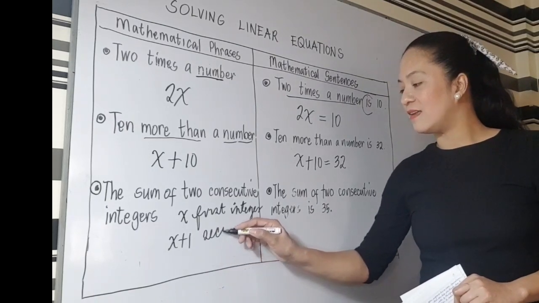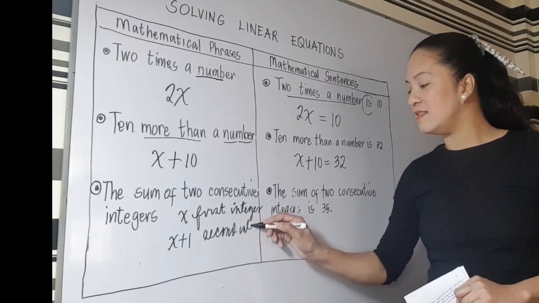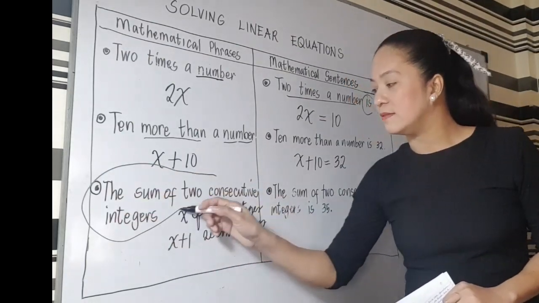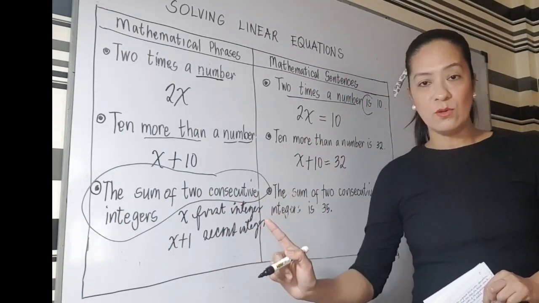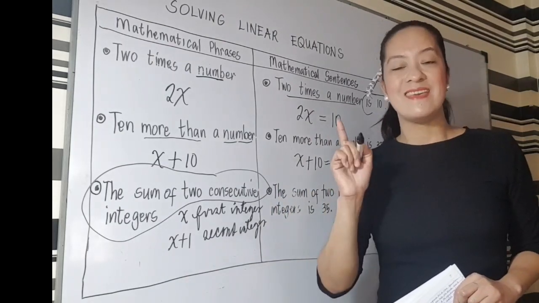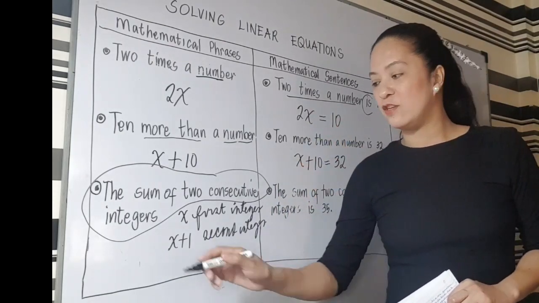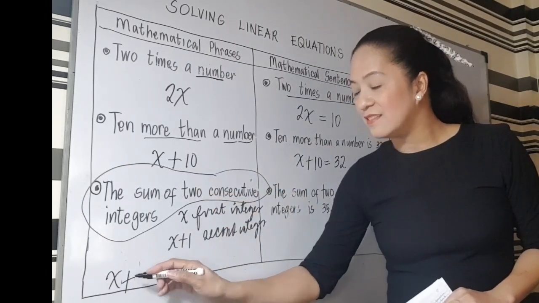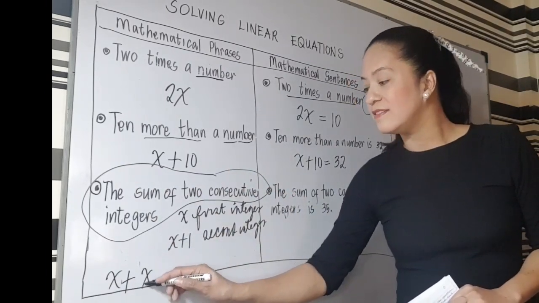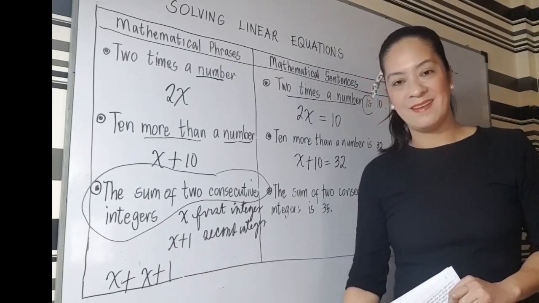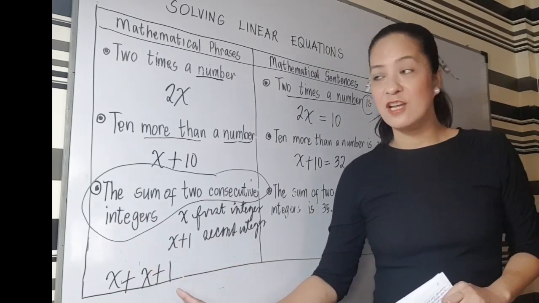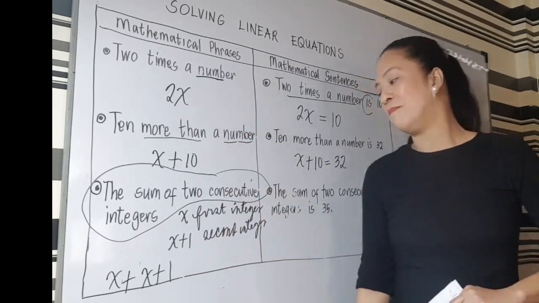That is our second integer. Now, how shall we write the sum of 2 consecutive integers? It should be x, the first integer, plus the second integer, x plus 1. So this is our expression or mathematical phrase.